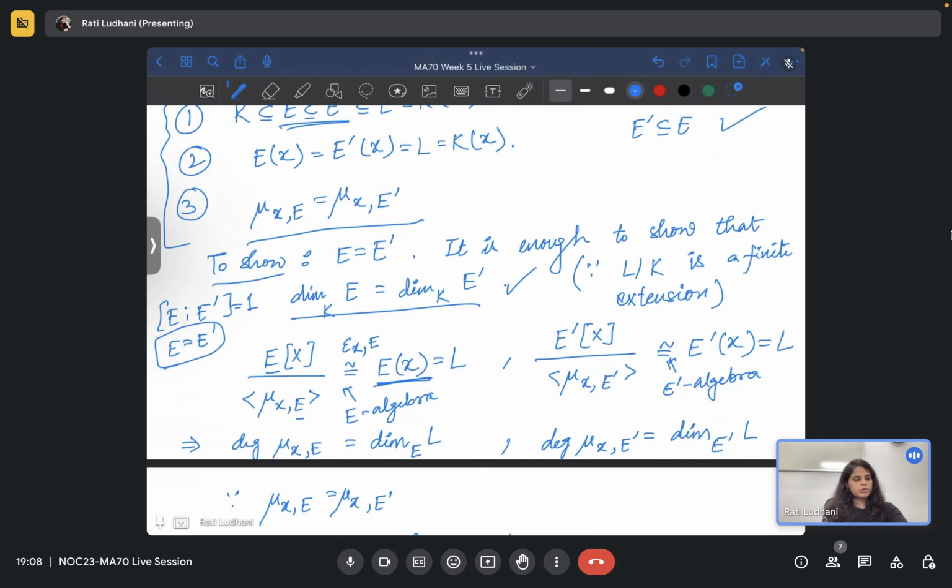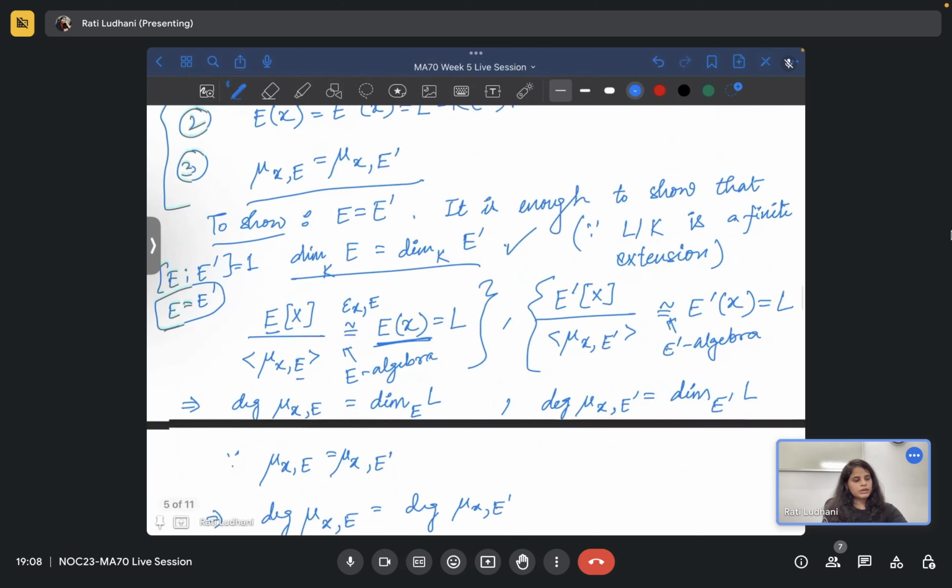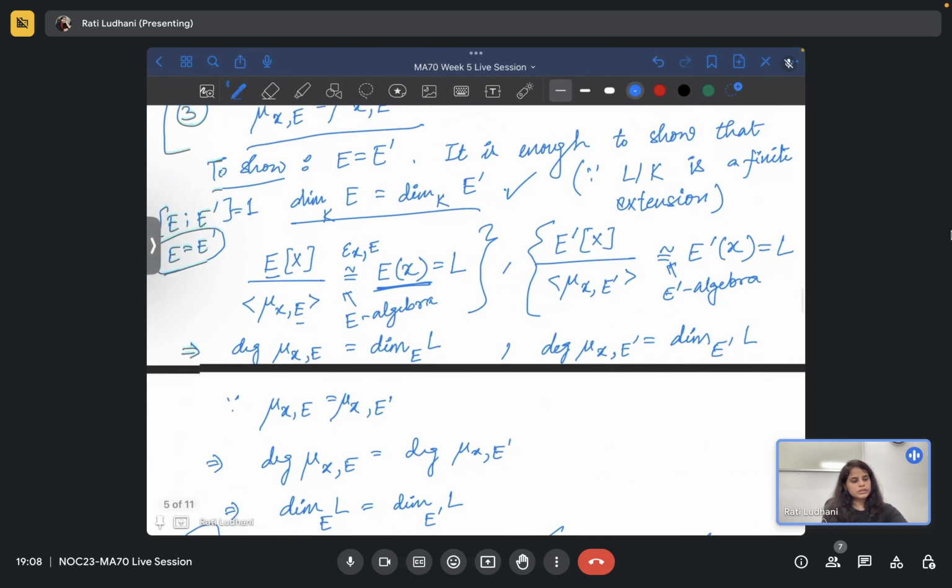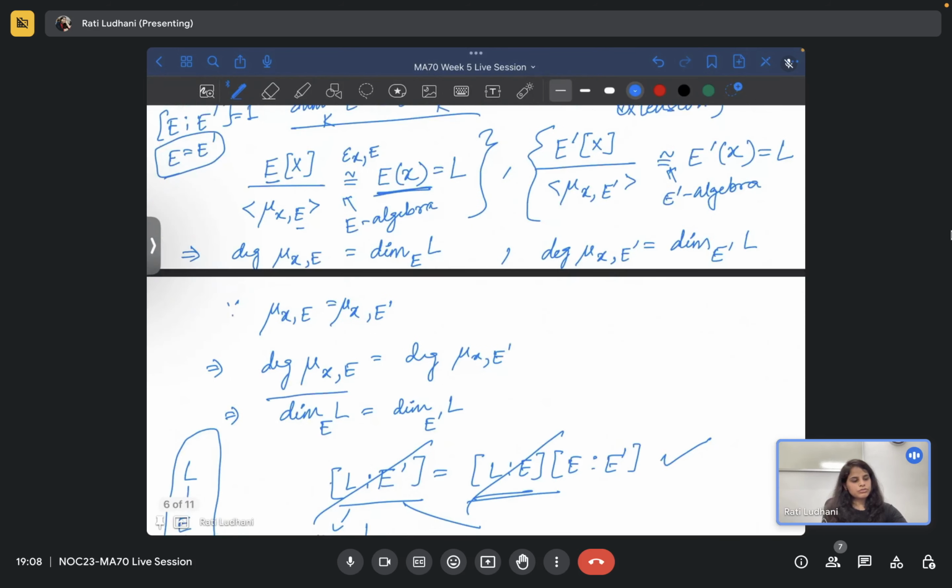Okay, so what we did, we used these evaluation maps, both these maps, and from there we concluded that since the degrees of the minimal polynomials are the same, the dimensions of L over E and L over E dash will be the same.